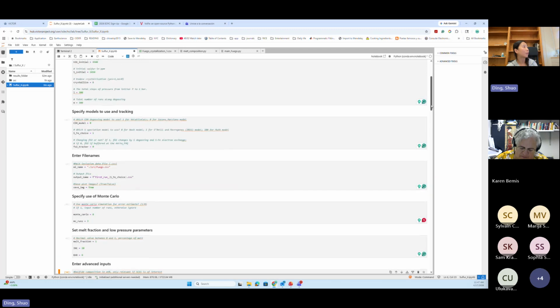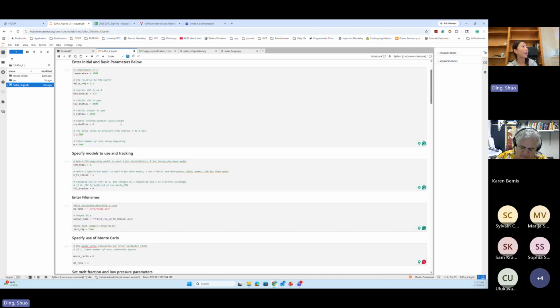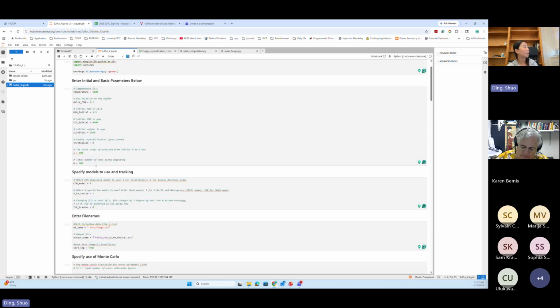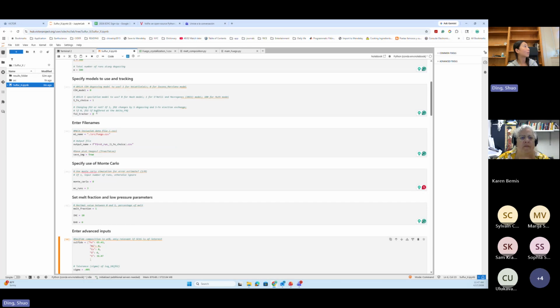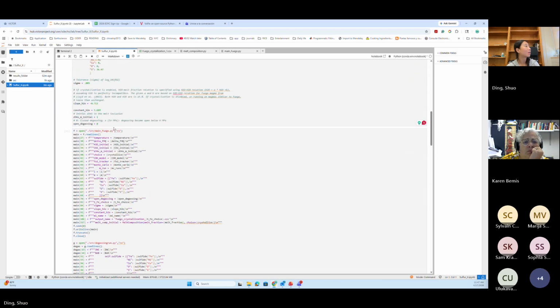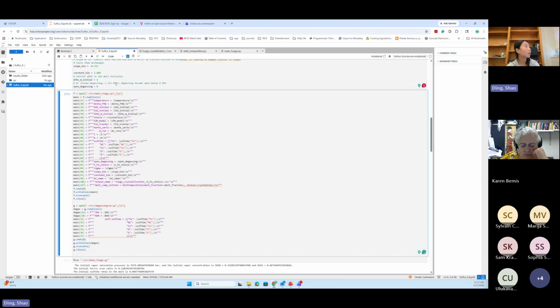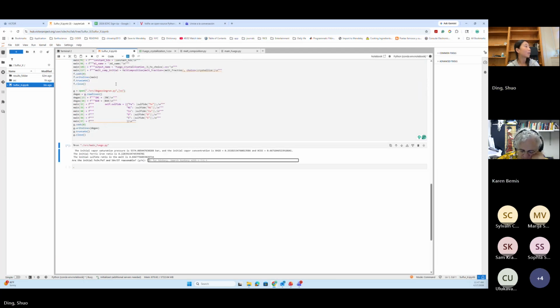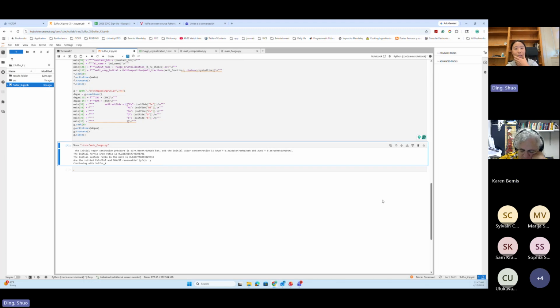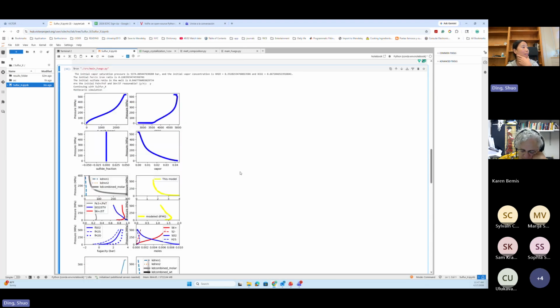So now what we want to do is actually track FO2. Here we can turn it back on, and now we can see how FO2 will change along sulfur degassing.